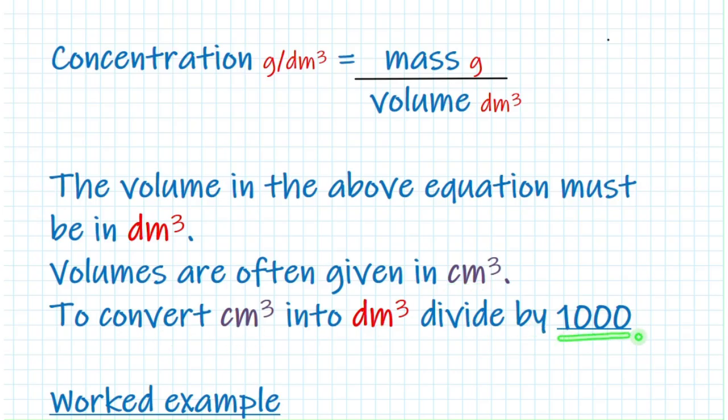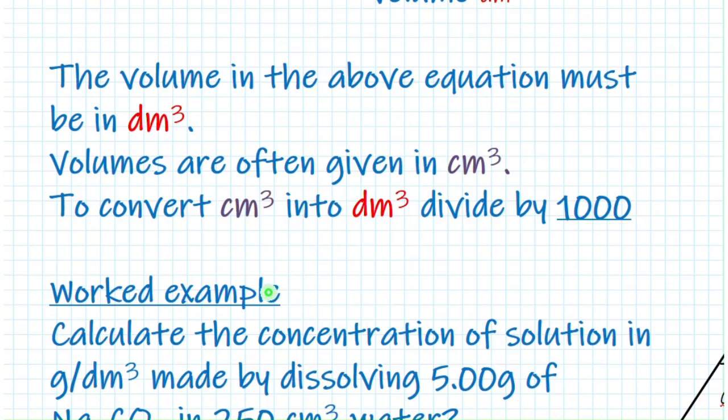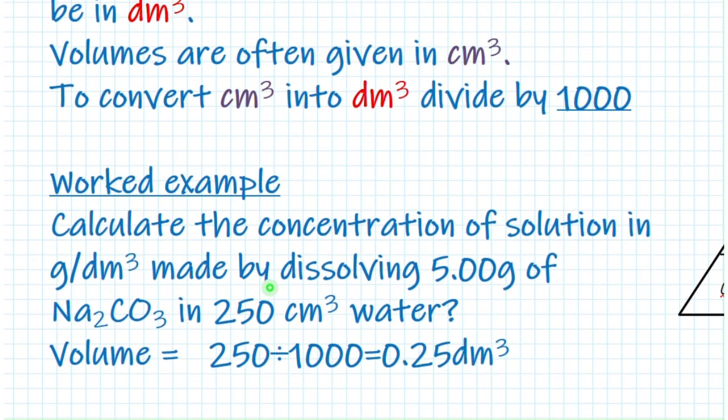So let's have a look at a worked example. Calculate the concentration of a solution in grams per decimeter cubed by dissolving 5 grams of sodium carbonate in 250 centimeters cubed of water. So first of all, let's get the volume in decimeters cubed.